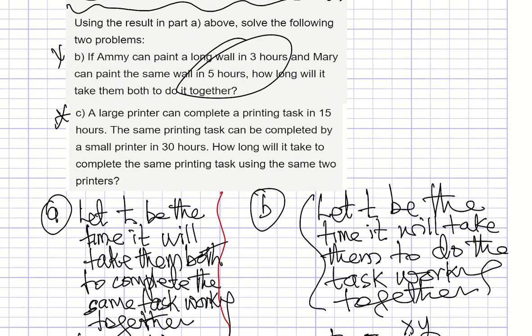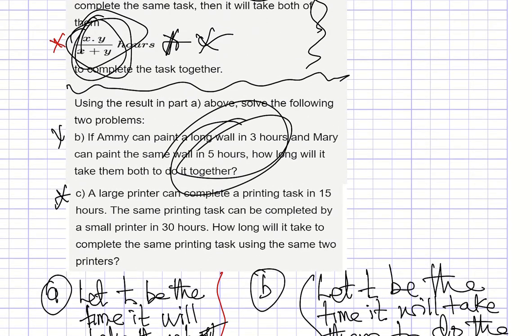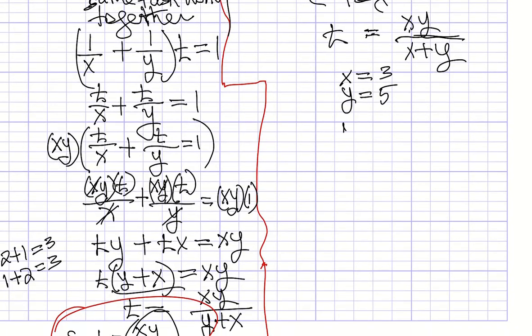That's what it's giving us right there. So make sure you know how to use that. Once you do that, then you say the time it will take them together is like this: 3 times 5 over 3 plus 5. That's all that is saying.